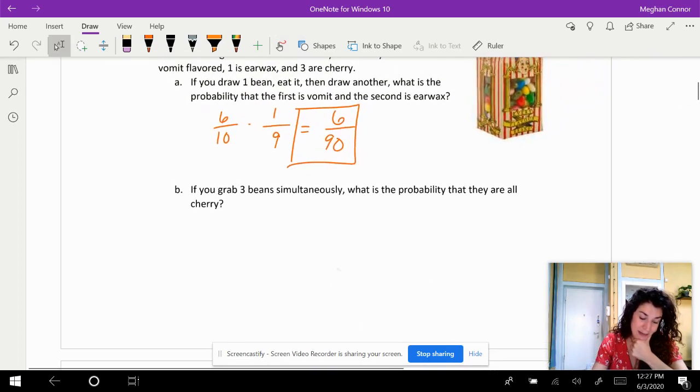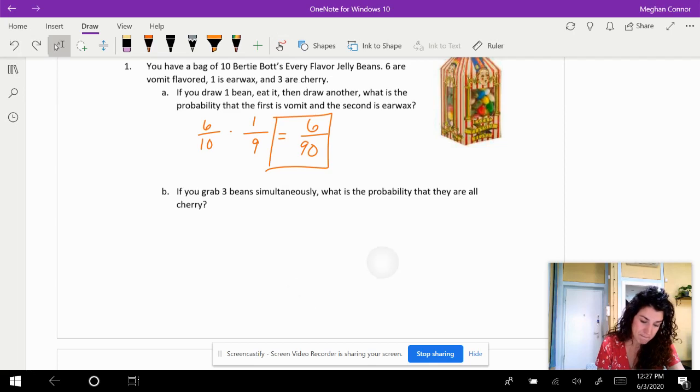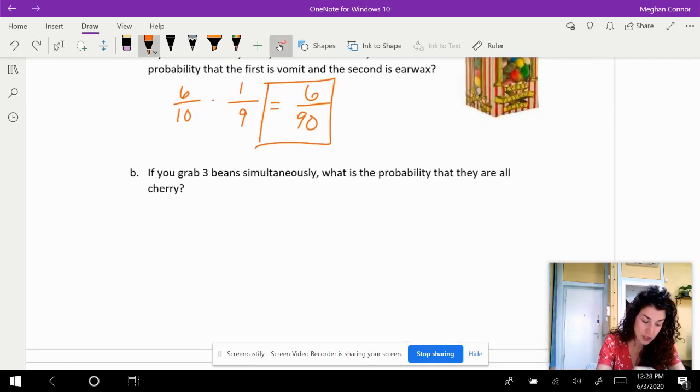If you grab 3 beans simultaneously, what is the probability that they are all cherry? For this one, it doesn't have a specific order that you're pulling them in, but it's still the probability that the first, second, and third one are all cherries. Since these are all the same flavor, we can just do this like we did the previous problem.